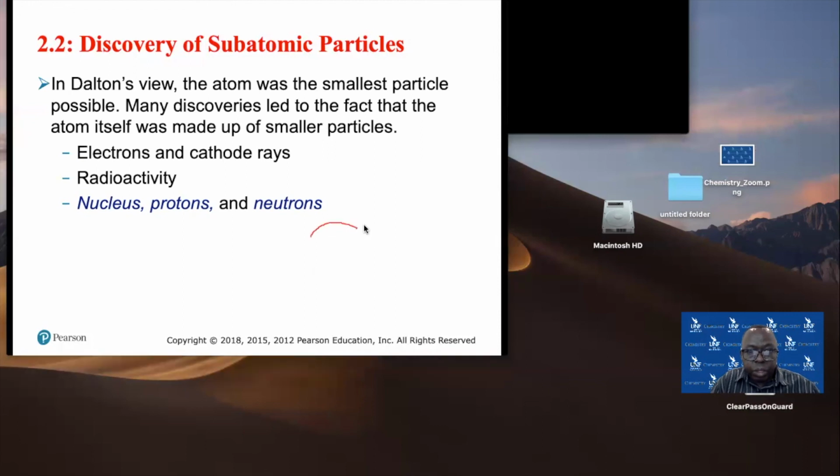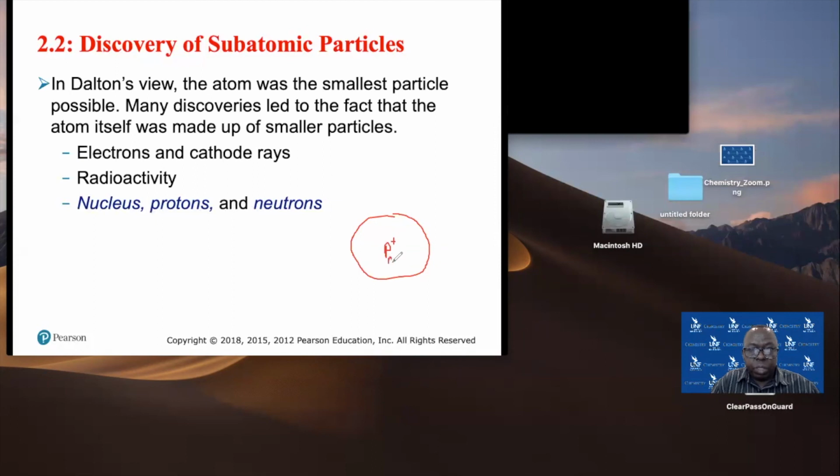And in the atoms, where they are located, having said that, chemists use circles to indicate an atom, though it's not a perfect sphere. If I have this as my atom, neutrons and protons are located in a dense region we call the nucleus.